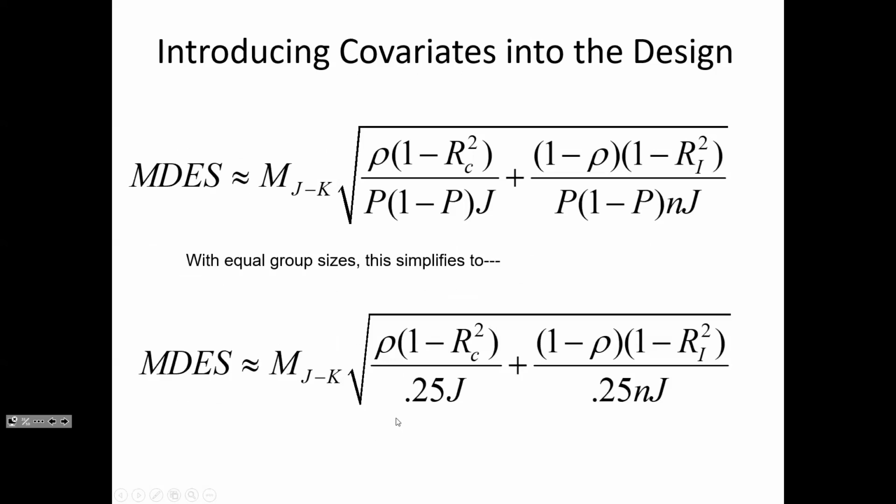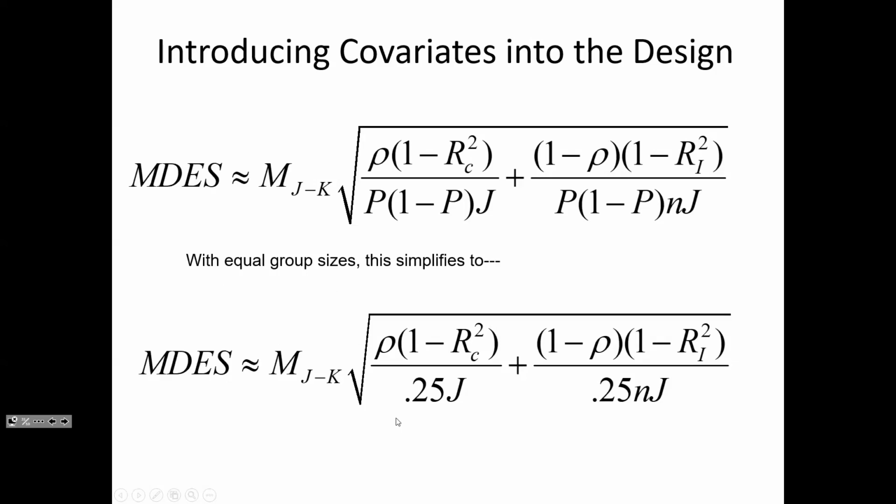Everybody's with me so far, right? Now let's introduce covariates into our design. This is actually so interesting. Don't worry too much about the top, because if we assume equal group sizes, we can jump down to the bottom, which is a little simpler. I've now expressed this in terms of the minimum detectable effect size.